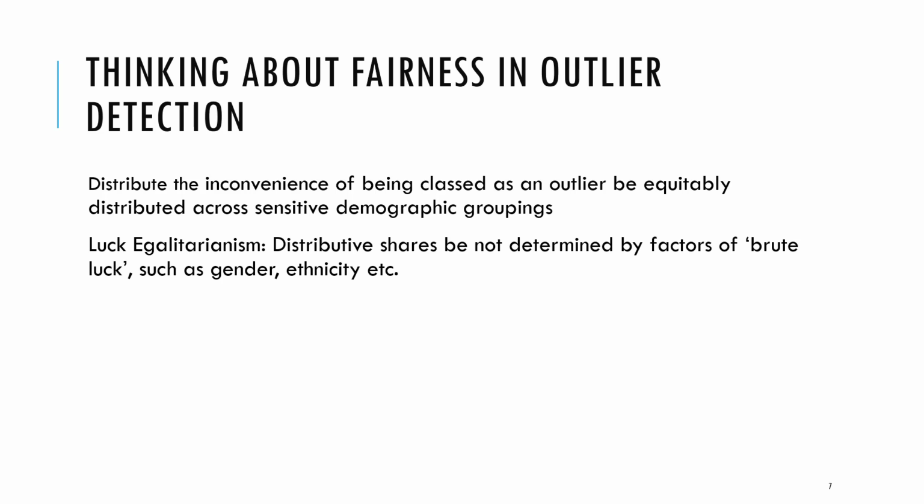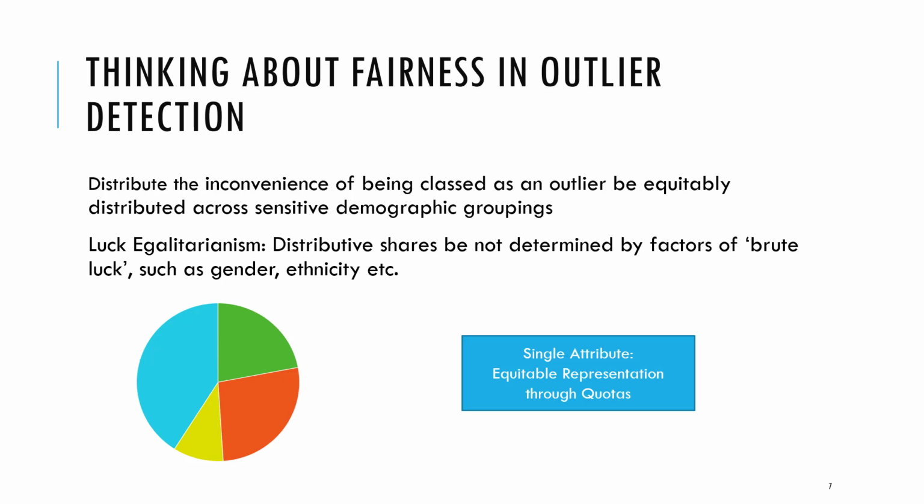So one way to achieve this, if you have just one attribute on which you want to ensure fairness, which could be ethnicity, a multi-valued attribute, you can identify the proportion of various ethnicities in your population and come up with this kind of a pie chart. And now you are trying to identify maybe the 1,000 outlier individuals, and you might want to say that the blue ethnicity is around 45% in the population.